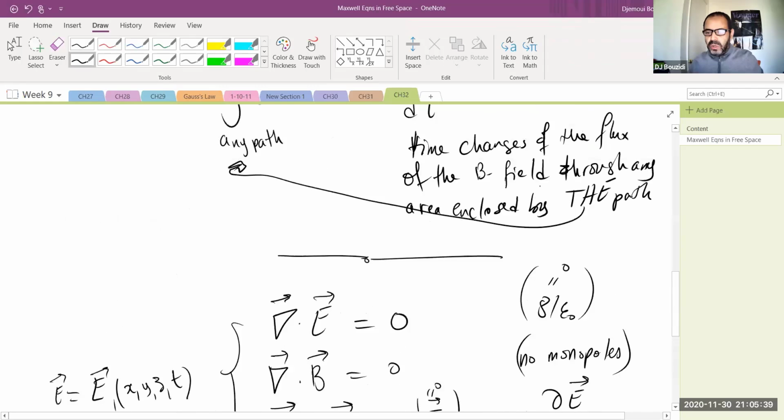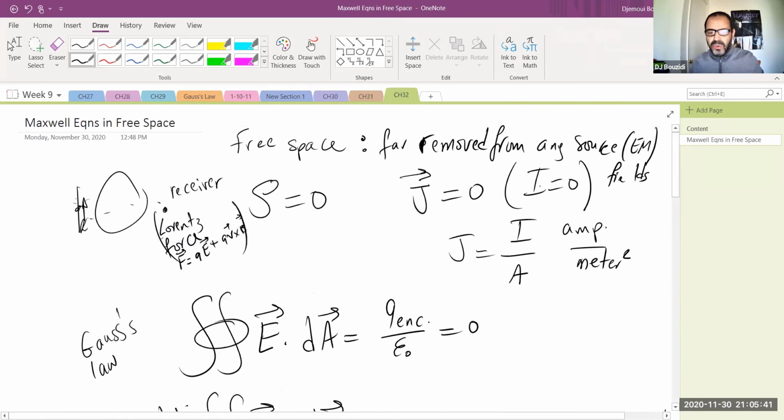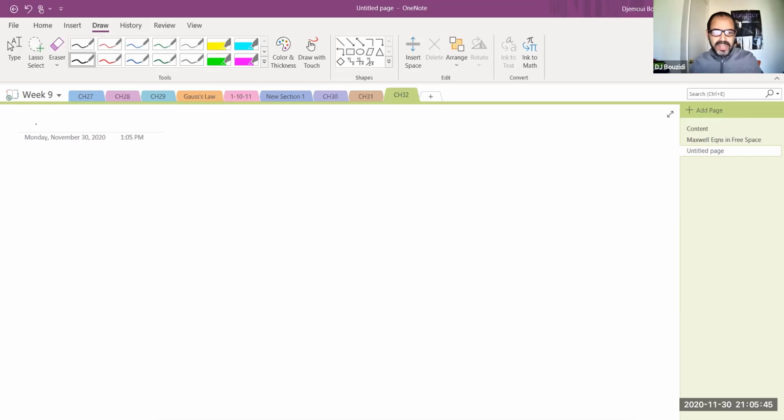We're going to consider something called the planar solution, see if it makes sense, see if it works or not. So I'm going to add a page in here, and I'm going to find a planar solution.